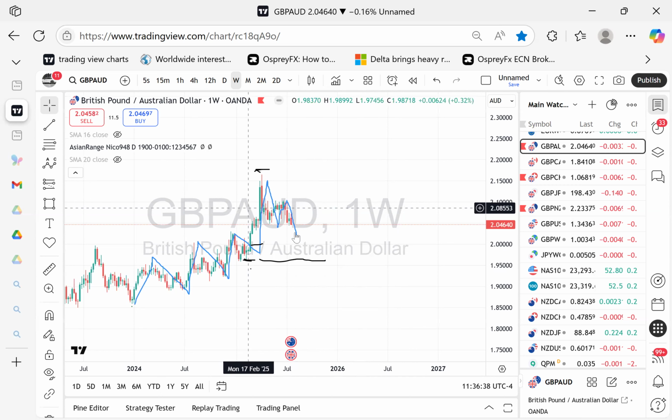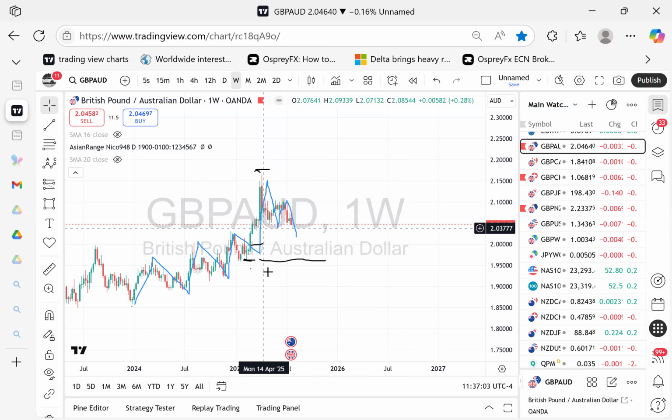So, if y'all are marking y'all's charts up like this, and I don't have a problem with anything on this chart that Mike drew, I just want y'all to understand where your change of character takes place, right? If it breaks this low, this is where your change of character takes place, or where your buy should happen.